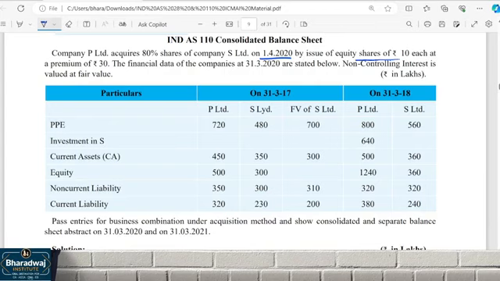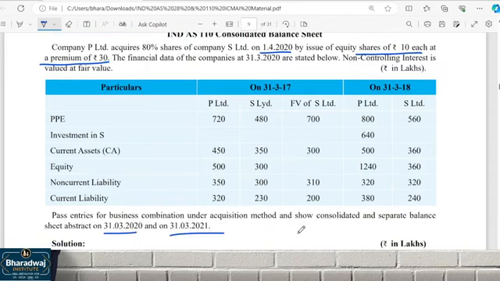By issuing equity shares of 10 each at a premium of 30. 80% we acquired by issuing equity shares. Actually, there is a date error here. Actually, let us take 31st March 2020 and 31st March 2021.